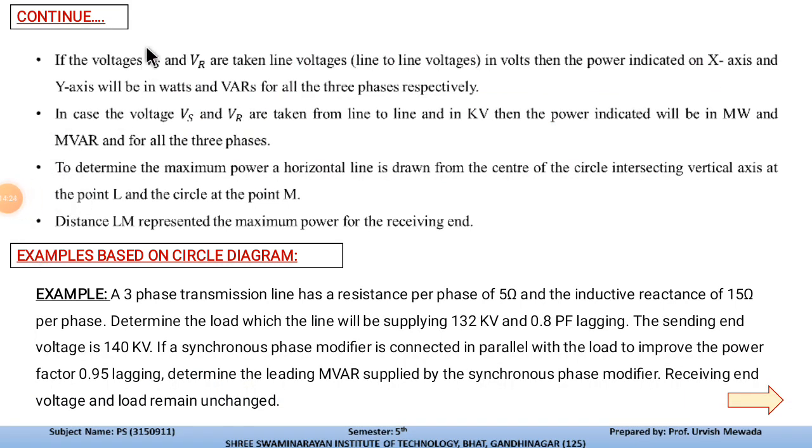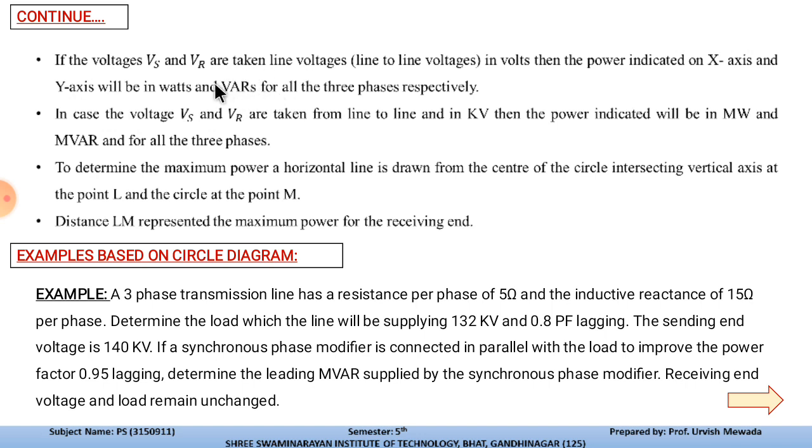Over here the second case is that if we take Vs and Vr as the line to line voltage, then the power indicated on the x axis and y axis will be in VA, VAR, means the reactive power of the transmission system.